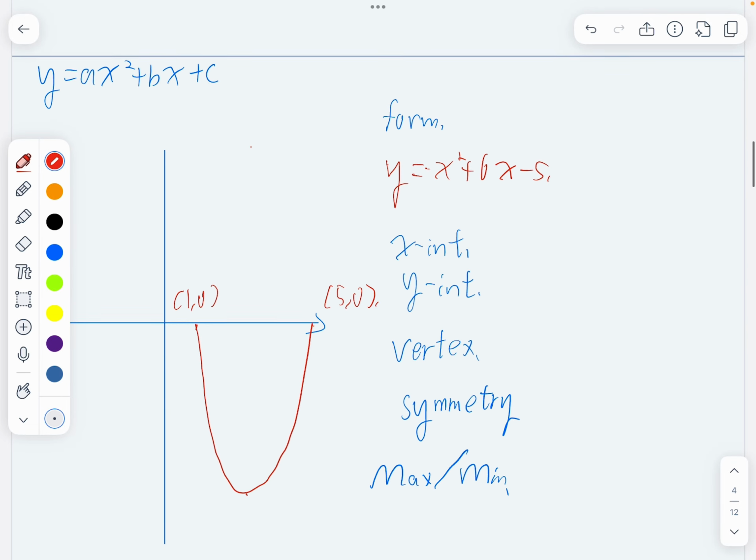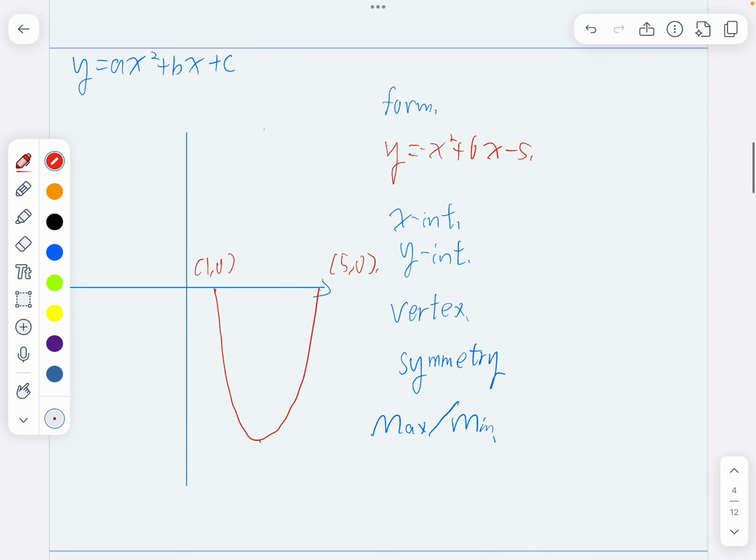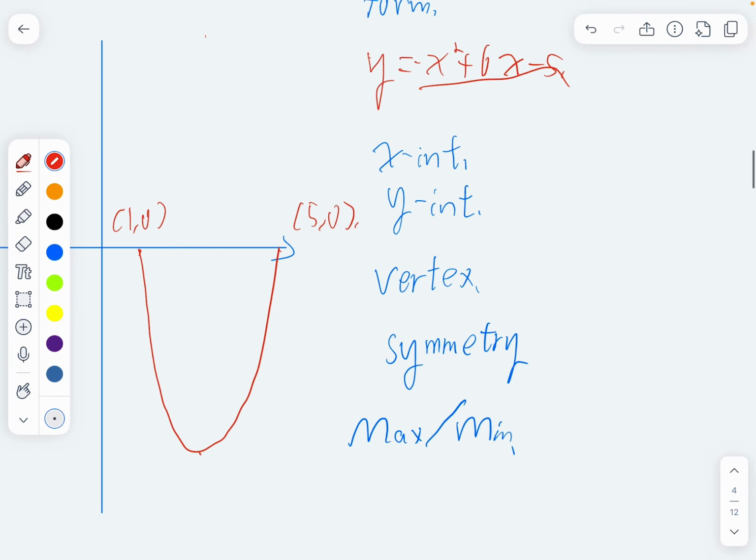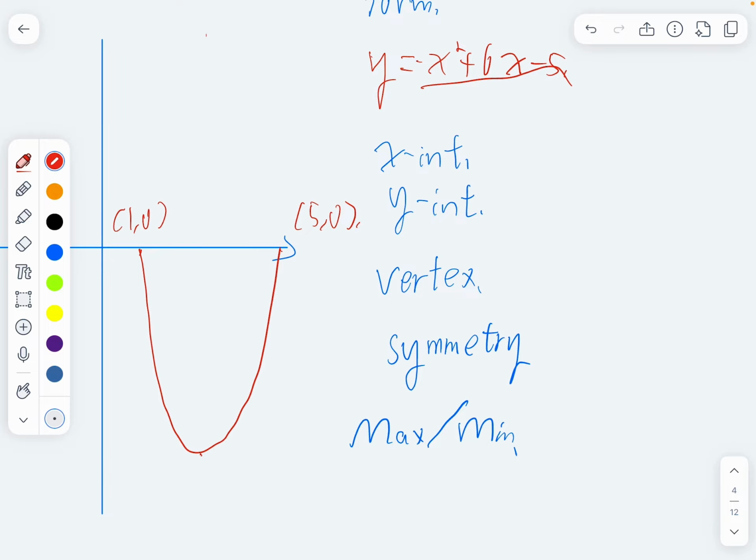Now let's move to the third part. The third one is the general form. The general form is y = x² - 6x + 5. From the graph we can get the two x-intercepts, which are 1 and 5.